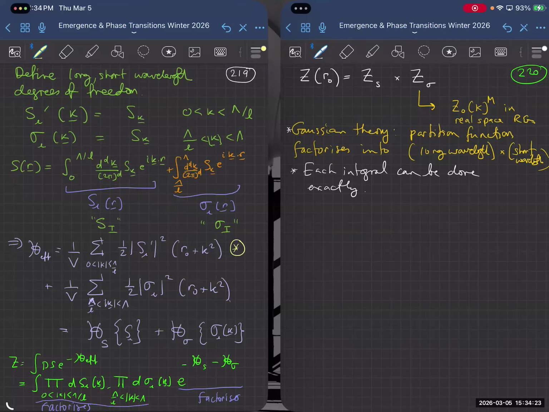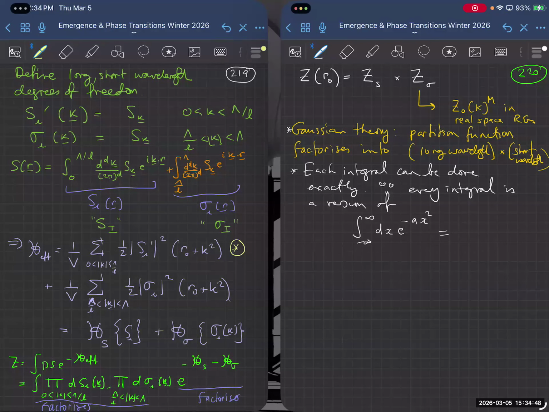So every integral is a version of the integral from minus infinity to infinity dx e to the minus a x squared.